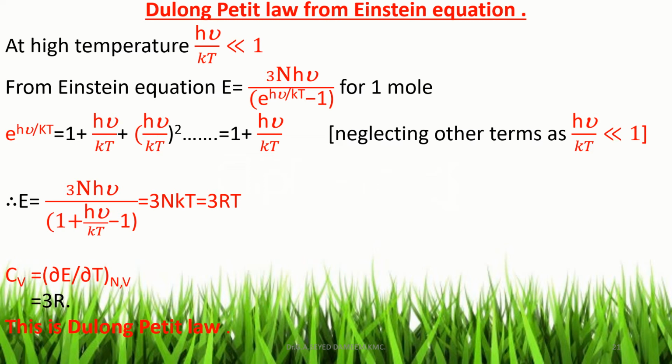On simplifying this equation, first we get 3NkT, and the value of Nk is R, so E is equal to 3RT. Differentiating this equation with respect to temperature, we get the value 3R. This is the Dulong-Petit law. Thus the Dulong-Petit law is derived from the Einstein equation.